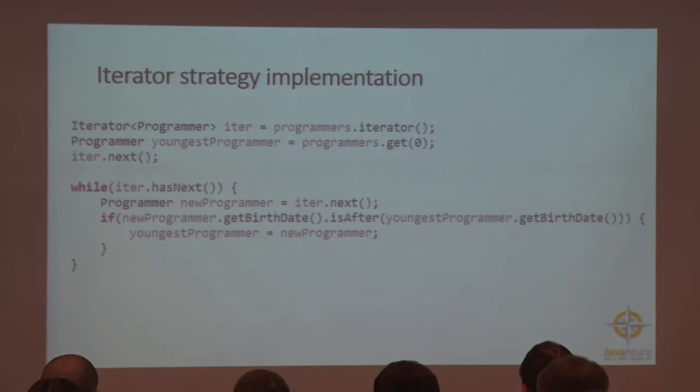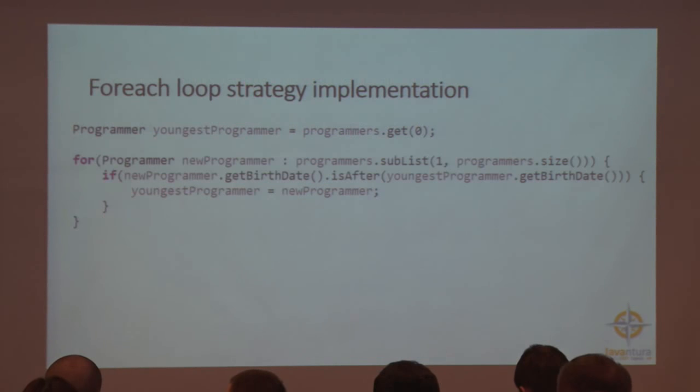Okay, this is the iterator strategy. The for loop is a little bit shorter. You don't need the while-next loop, just a for-in loop to see who is the youngest one. The first one is the youngest, and after that, we are using only the sublist to check the other ones.